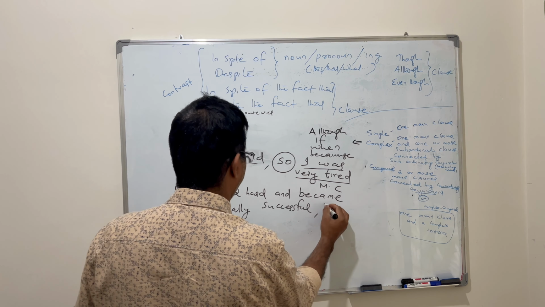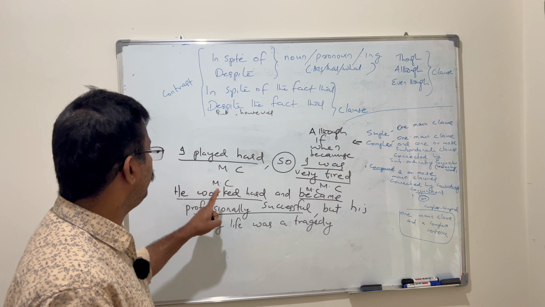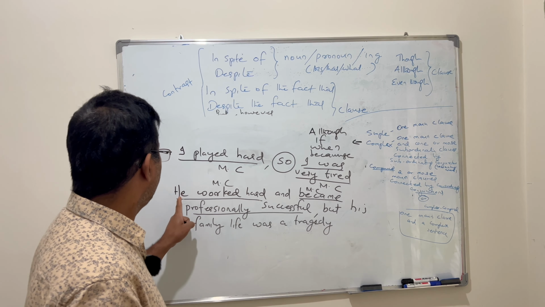Why? The subject of became is the same, he. He worked hard. He became professionally successful. We are not repeating he before became, but he is understood there. So two main clauses are there.